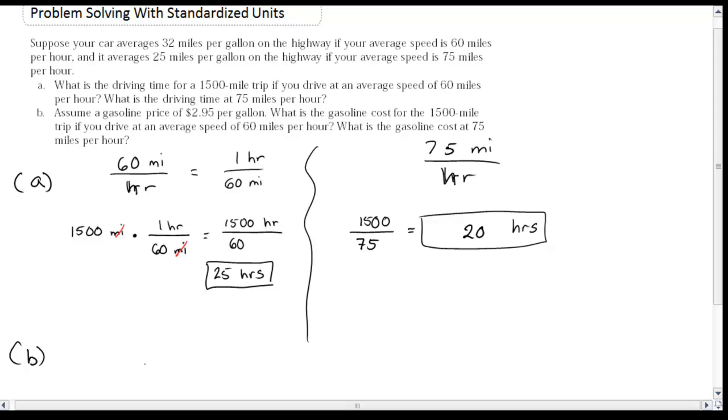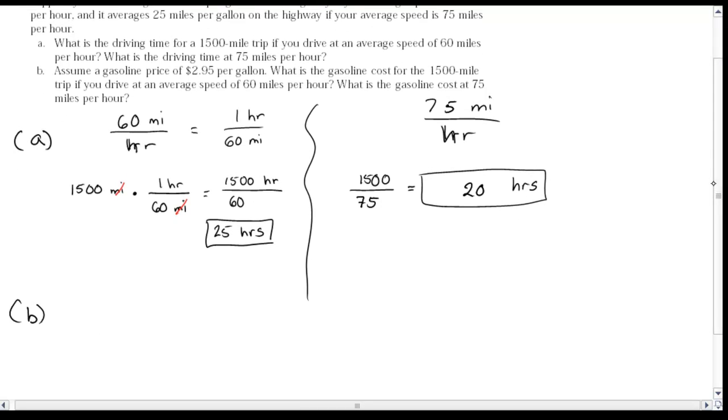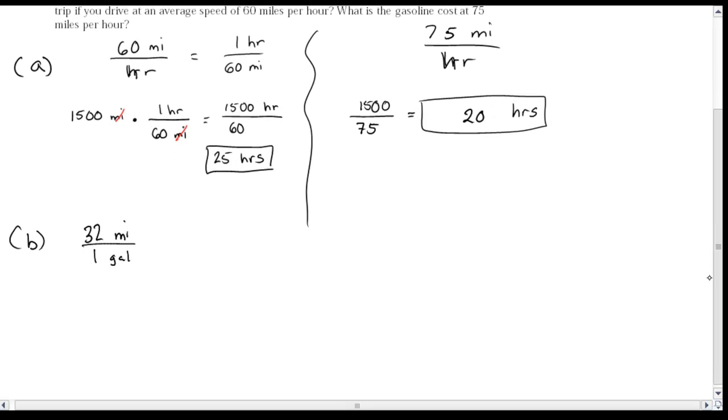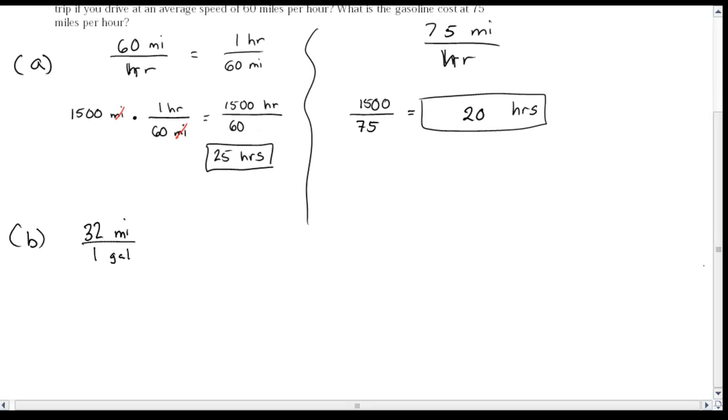Again, this left side here is the 60 miles per hour side. So 32 miles per 1 gallon. All right. And I have a trip of 1,500 miles. Okay, so again, I'm going to do it with all the fractions and labels and all that.